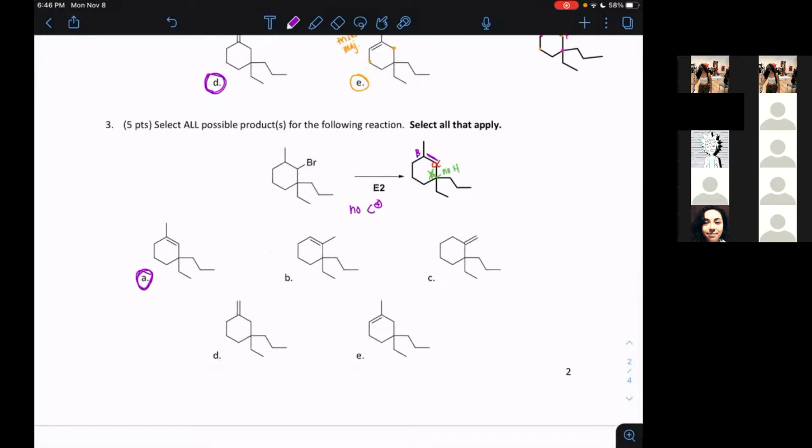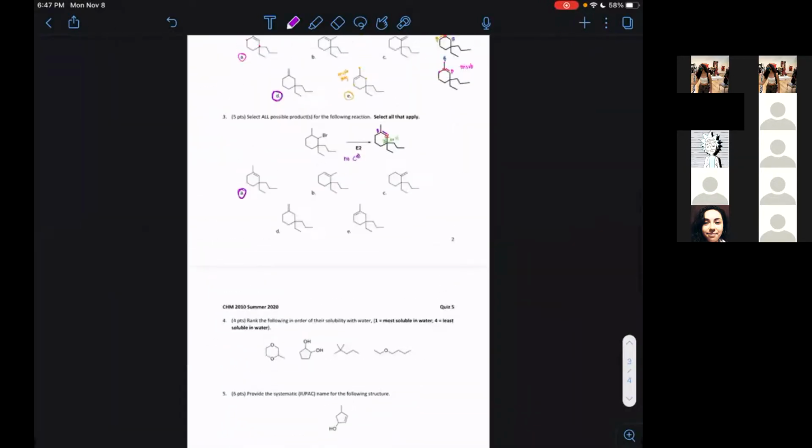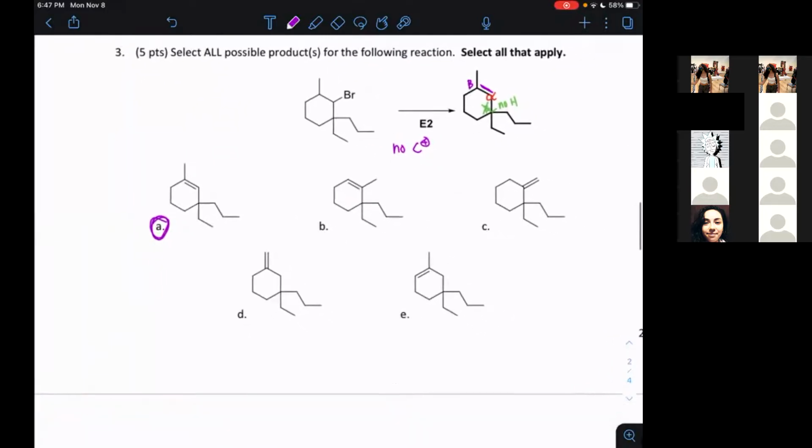So that one is 3. Oh, so E was the opposite there. E, you went over too many carbons. The double bond that is showing on E is not really attached to the alpha carbon.